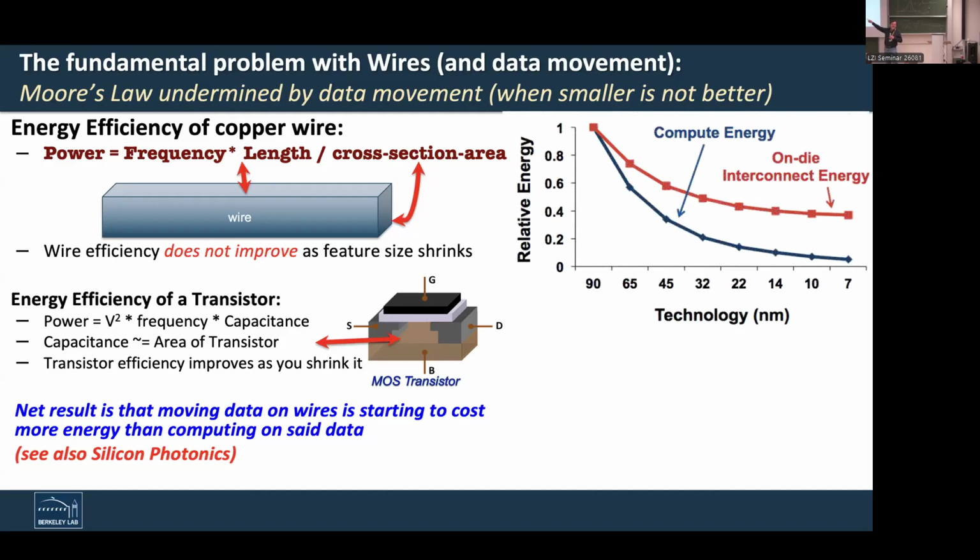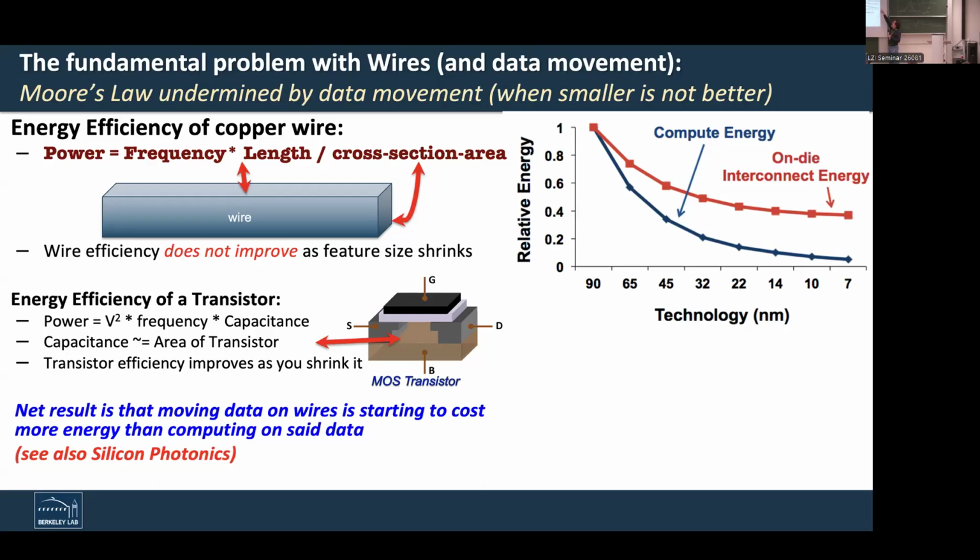My colleague Shekhar Borkar, when we were doing the exascale run-up, took a Pentium Pro core and ran it through synthesis at a number of different technology generations. And at the time, they could only extrapolate out to 7. And you can see the amount of on-die interconnect power. So the interconnect is the on-die wires, basically.